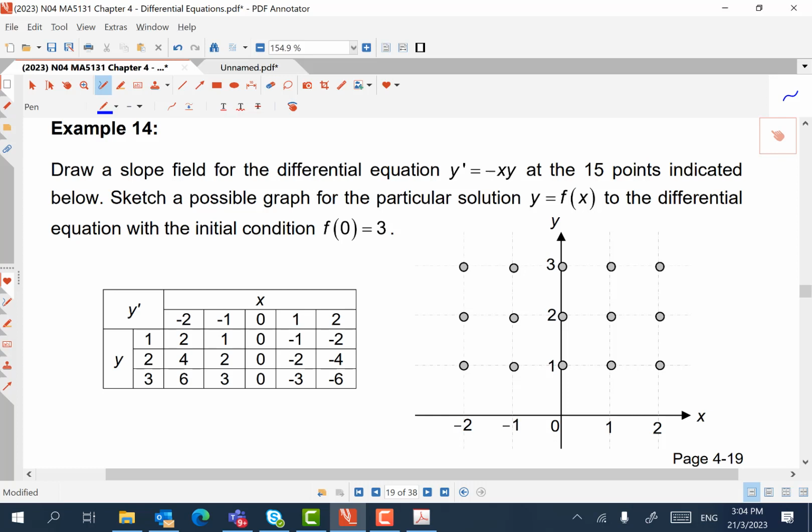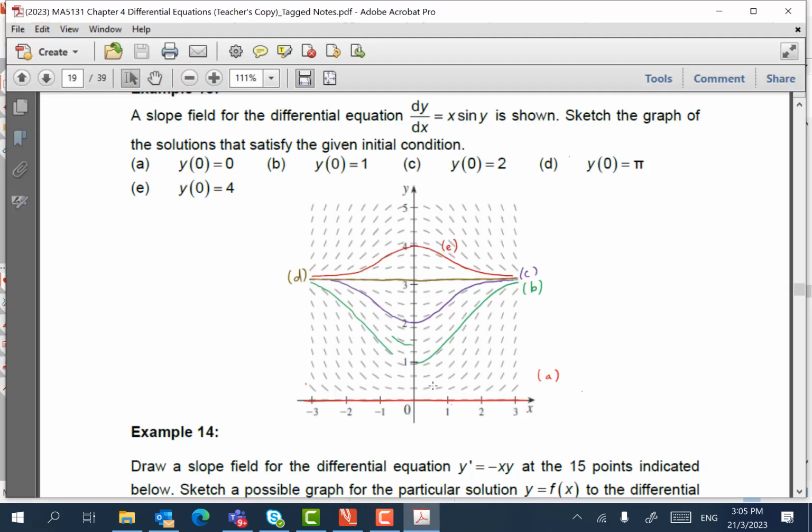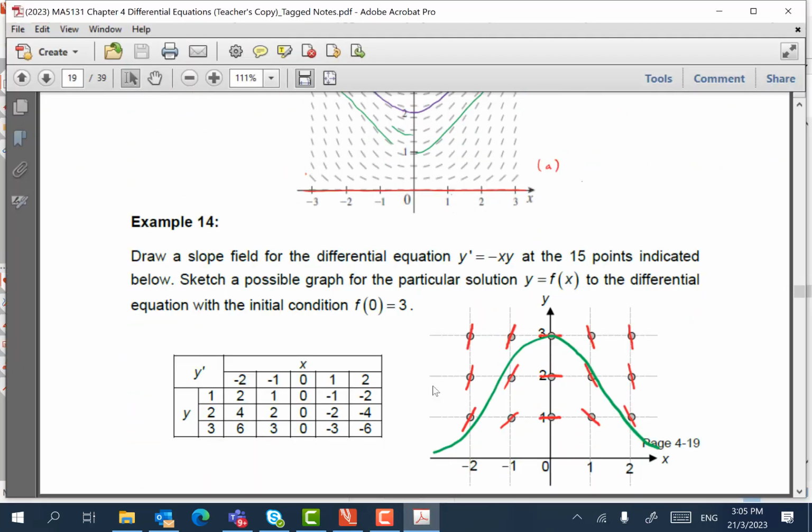Okay, for question 14, let's see again. I'm going to ask you to raise your hand if you have the same. Most people make mistake in this bottom part. You know why?